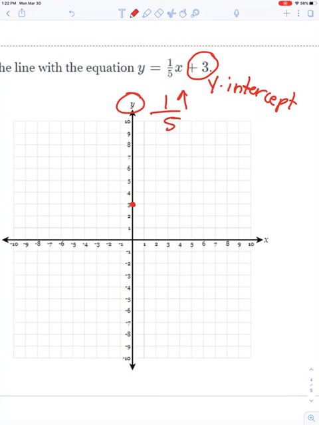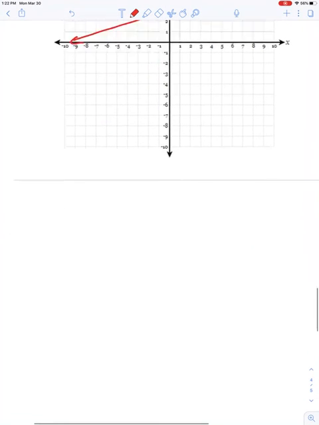Everything's positive, so up and right, up and right. 1, 2, 3, 4, 5. Up 1, 1, 2, 3, 4. So here would be my graph. You start with your y-intercept. Okay, I've got one more of those I'm going to do.